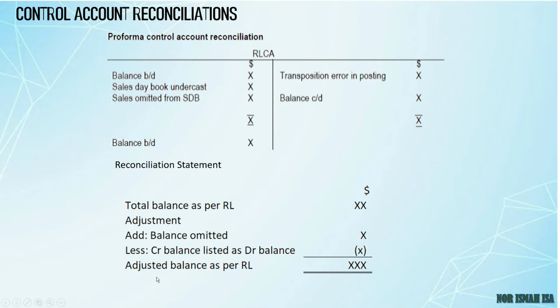So you will get the adjusted balance as per the receivable ledger, or this amount should agree with the balance b/d of the receivable ledger control account after adjustment. Okay, this is about sales day book undercast.